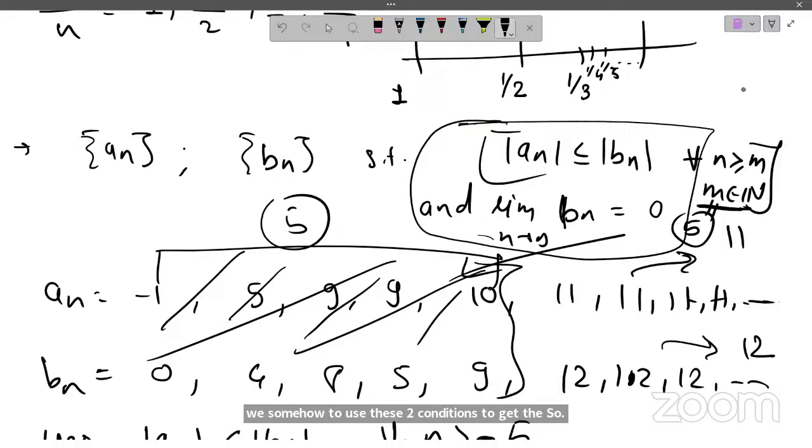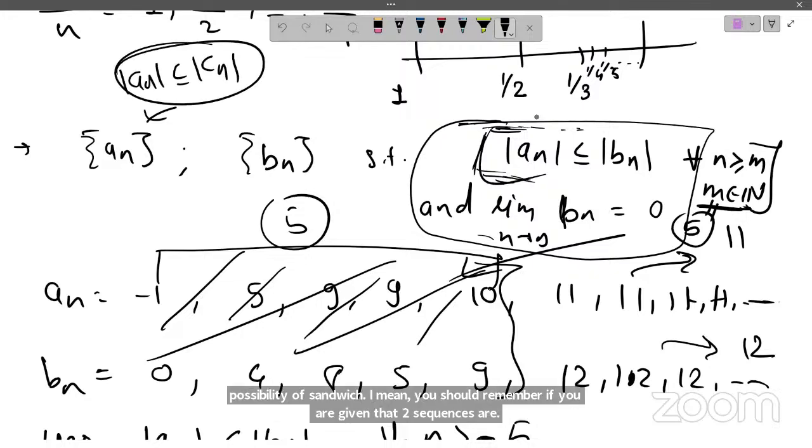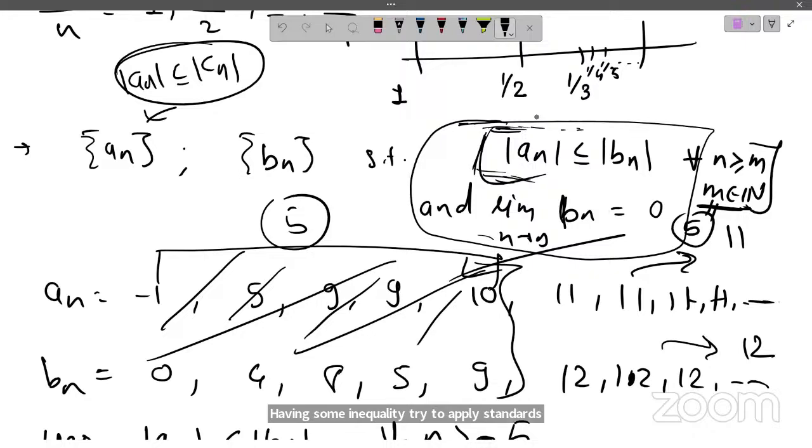I don't think other than the sandwich theorem we can make it. But whenever you find such an inequality, there is only the possibility of the sandwich theorem. You should remember, if you are given two sequences having some inequality, try to apply the sandwich theorem. The sandwich theorem is such a powerful result, you cannot skip it.